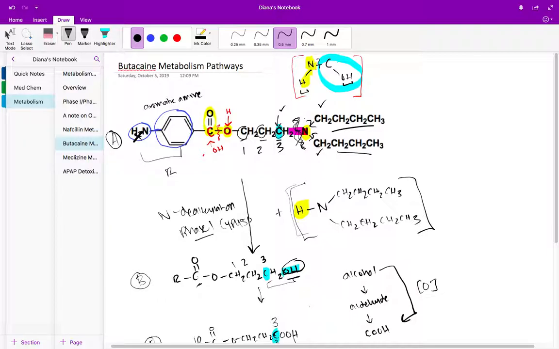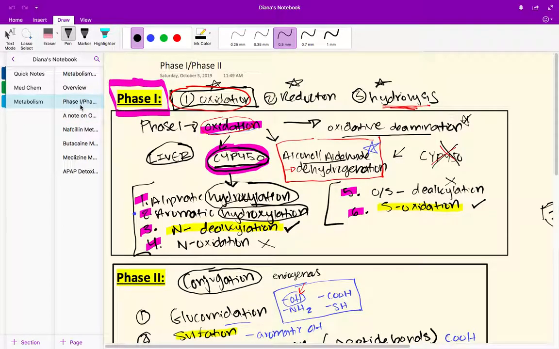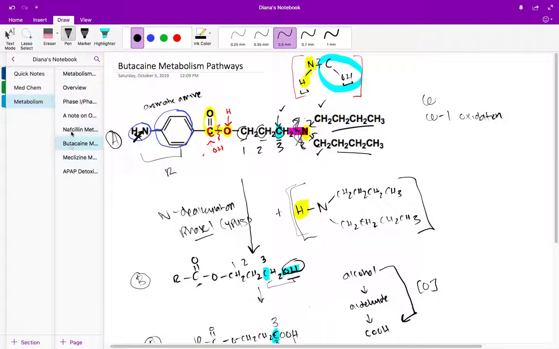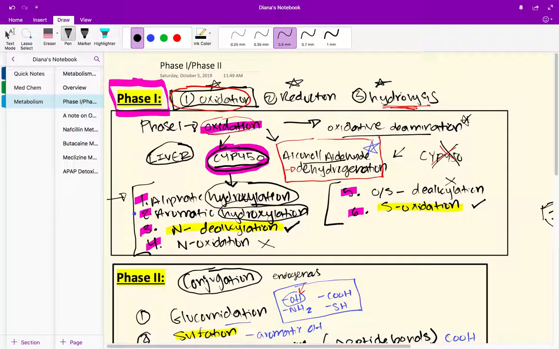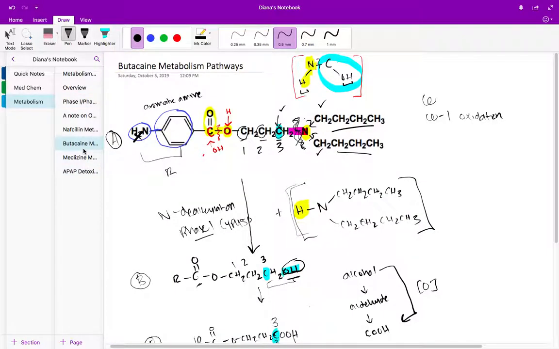So you can look into what that means and see if you can figure out how to draw the metabolism reactions that are omega or omega -1 oxidation reactions. And those are actually part of that omega and omega -1 is part of a reaction we haven't talked about yet, which is aliphatic hydroxylation. So before the next video, see if you can figure out omega and omega -1 oxidation.